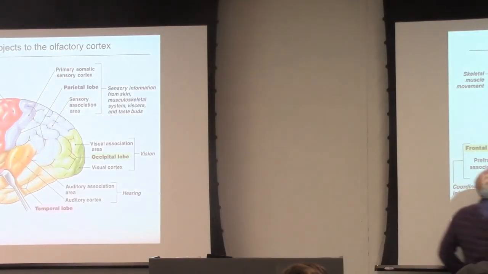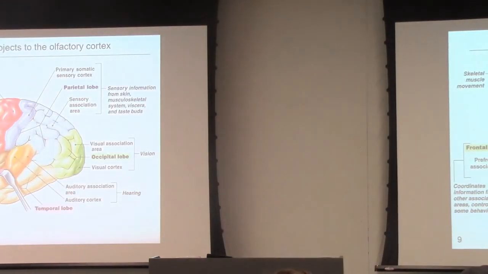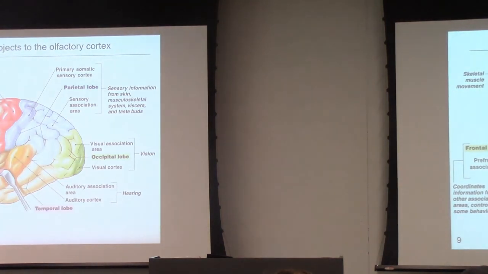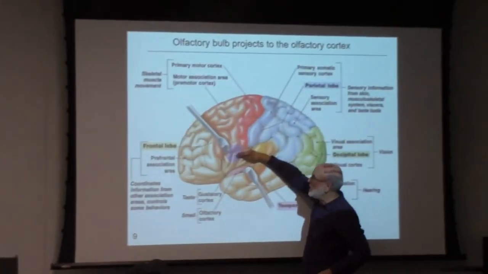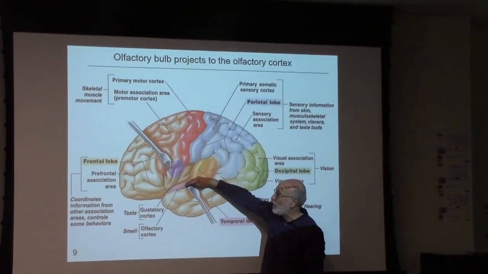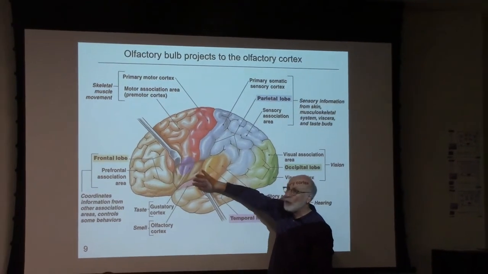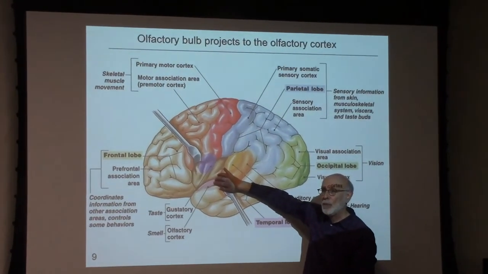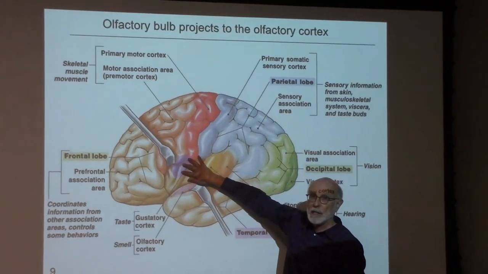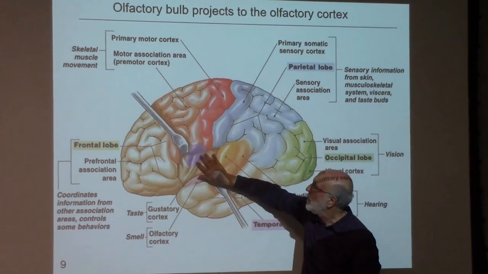The taste cortex is in this area of the brain called the insula and the frontal cortex. It's near the olfactory cortex. But the olfactory cortex is in the medial temporal lobe, and the taste cortex is in the insula and the frontal lobe.